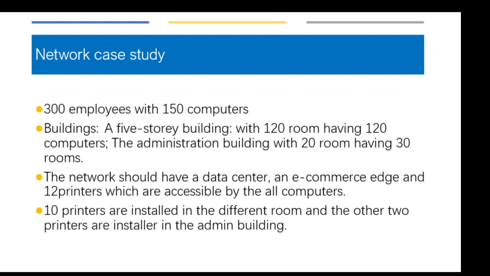The network should have a data center, an e-commerce edge, and 12 printers, which are accessible by all computers. 10 printers are installed in a different room, and the other 2 are installed in the admin building.